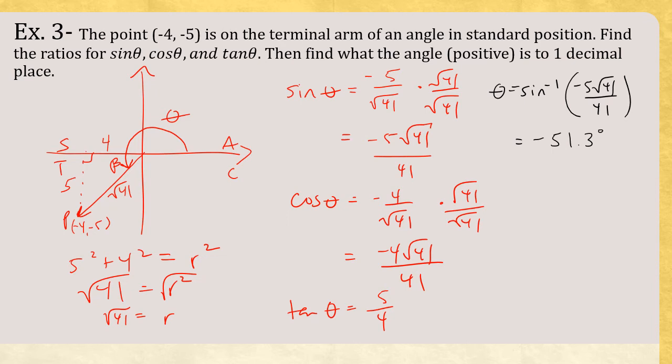So remember, if we go around this way, that's positive. Your calculator knows that sine is negative here and sine is negative here. If your calculator wasn't lazy, it would be able to give you the one that goes all the way around to there. But your calculator's lazy.